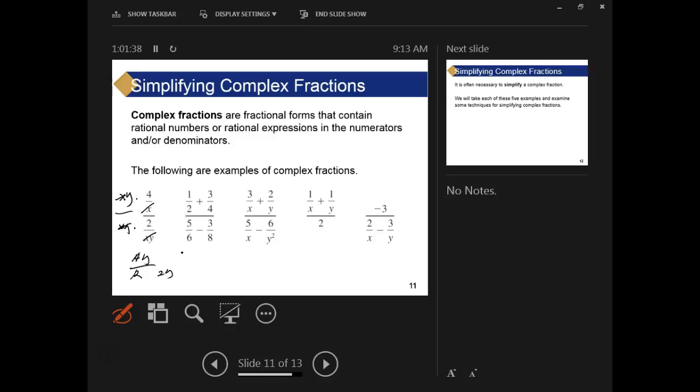Okay? So the general rule: find the least common denominator of all your denominators, and then multiply that in the numerator and denominator, which is legal because that is 1. Okay? And then simplify. Okay?